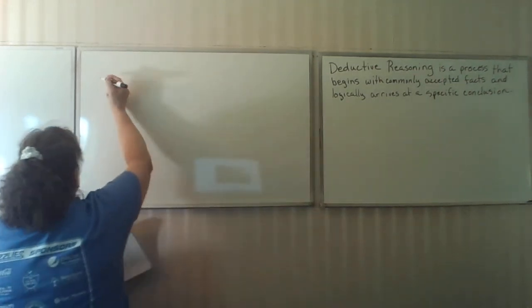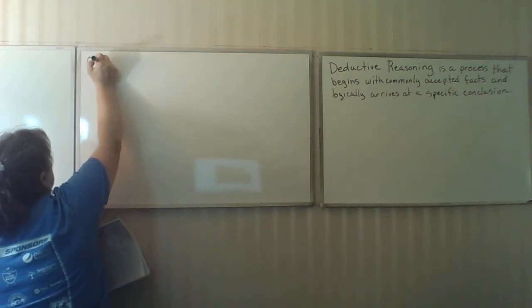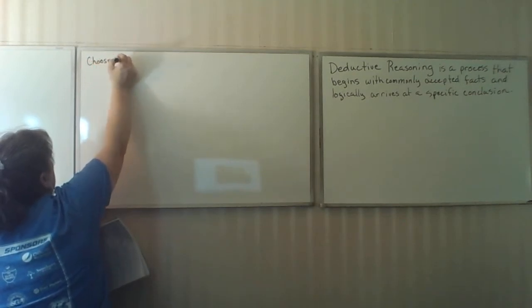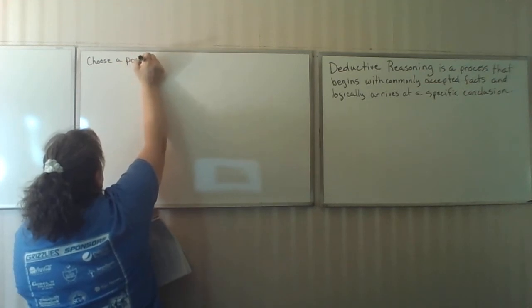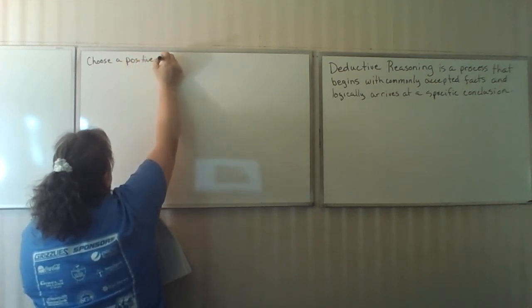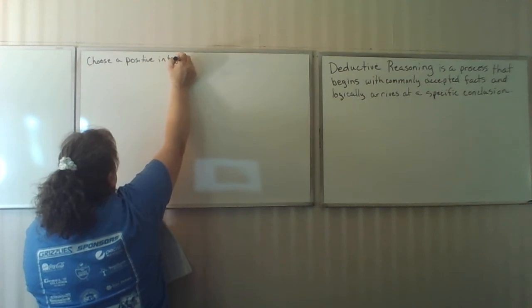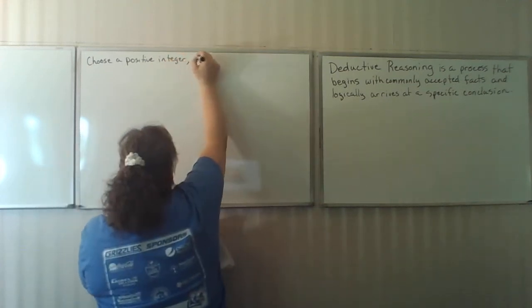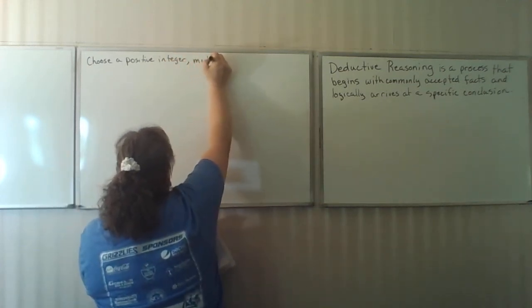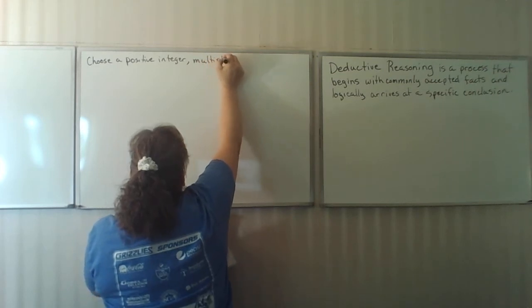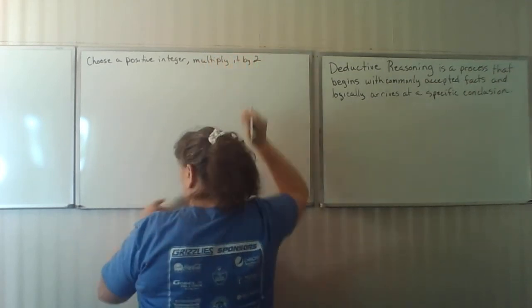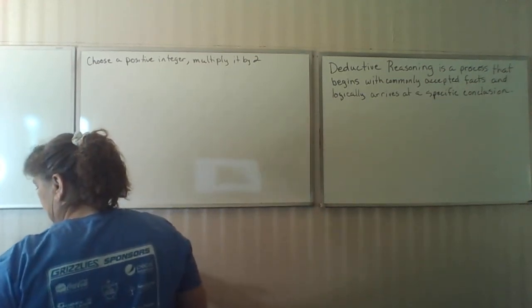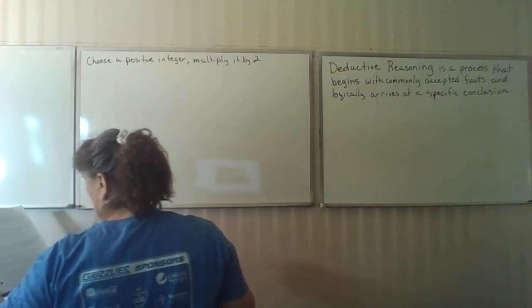Here's our problem. Choose a positive integer, multiply it by 2, and then add 1.